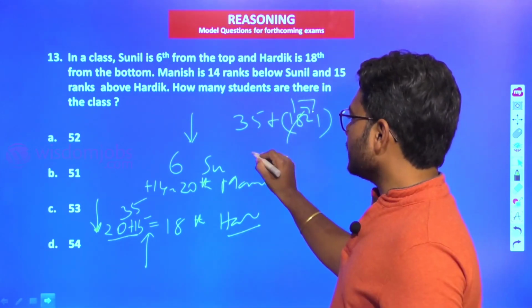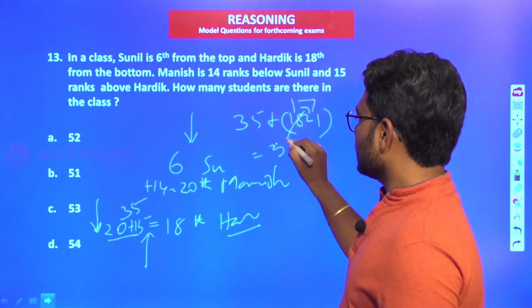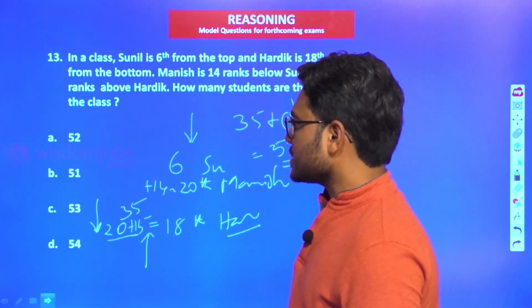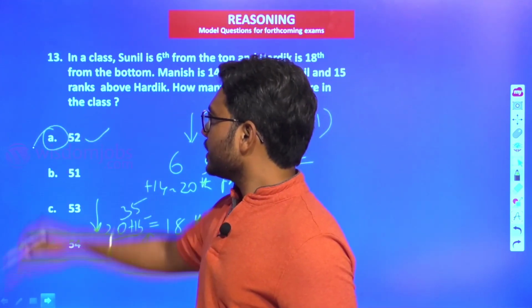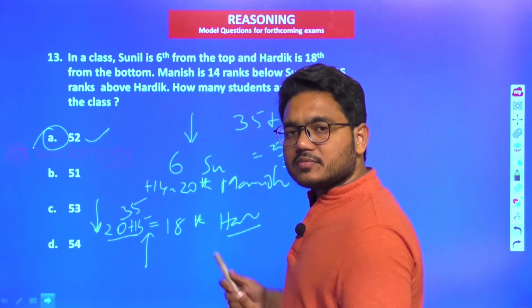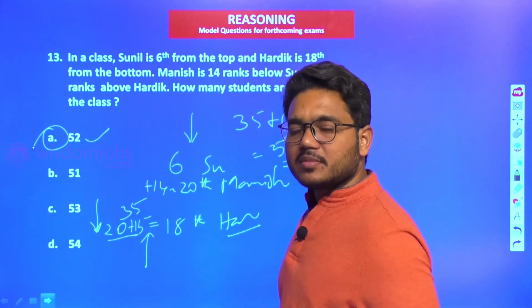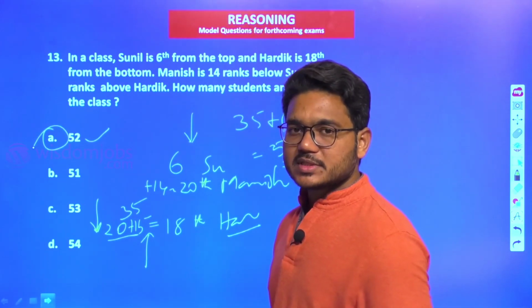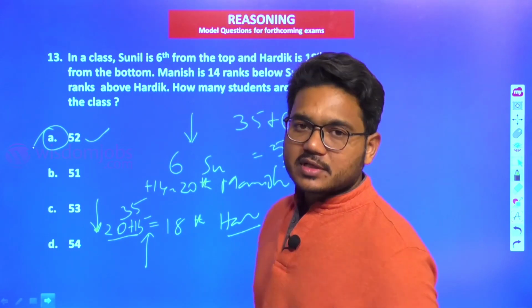So 35 plus 17 is 52. So the total number of students in the class is 52, isn't it? Although explaining it might take some time, within seconds you could solve this properly. So we'll move ahead with our next one.